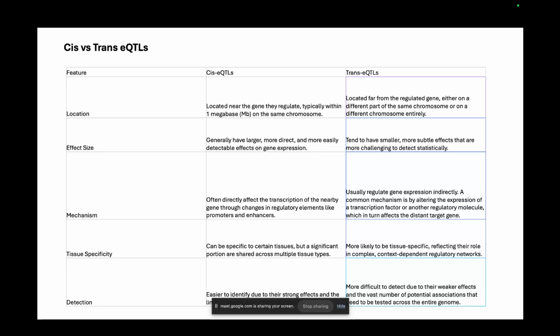I'll give you a good example. There can be a variant in an RNA polymerase gene, like POLG or some genes like that.